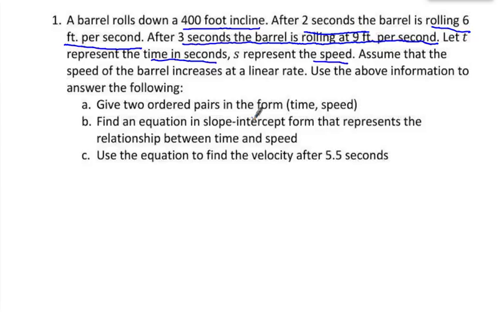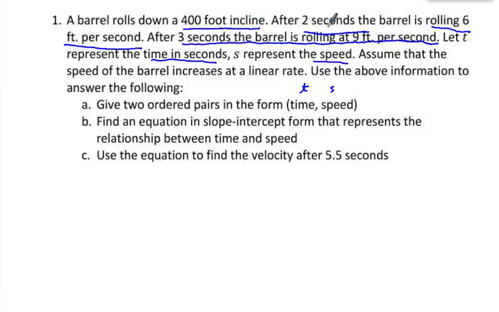So, to break this down, the first step here asks us to find two ordered pairs in the form time and speed. And again, those variables were defined as T and S. So as we look back at our problem, 400 feet is the incline.